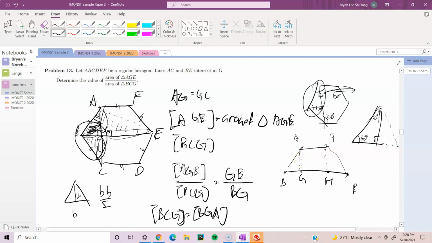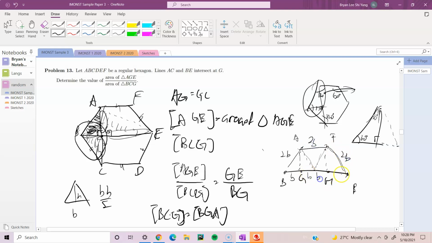Basically this trapezium ABEF can be divided into 3 equilateral triangles, because hexagons can be divided into 6 equilateral triangles. So you can see here, here's B, and then here's 2B, 2B, 2B, with B maybe being a base.